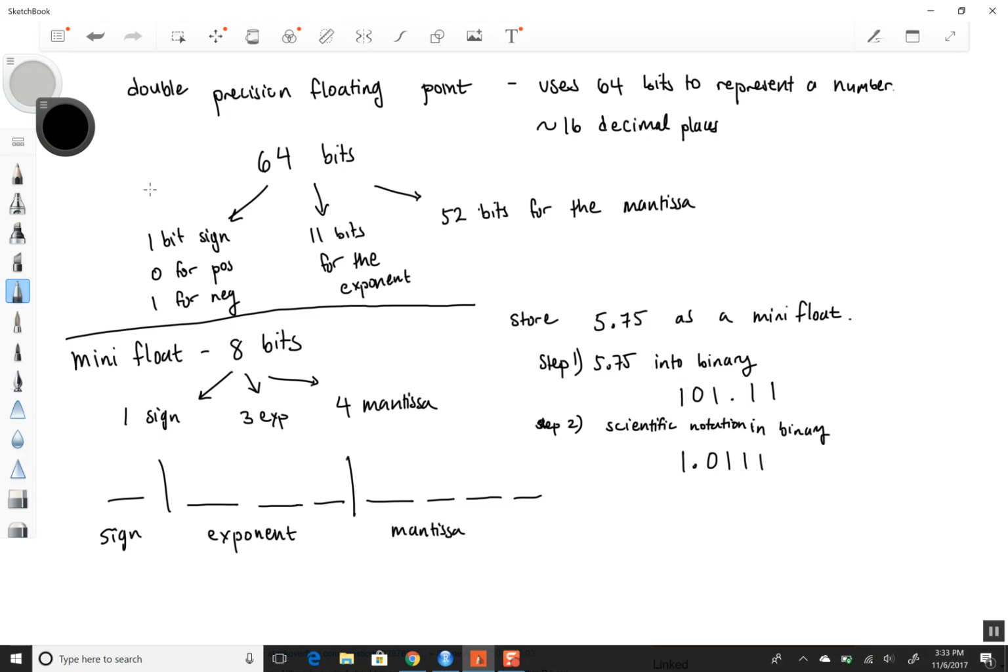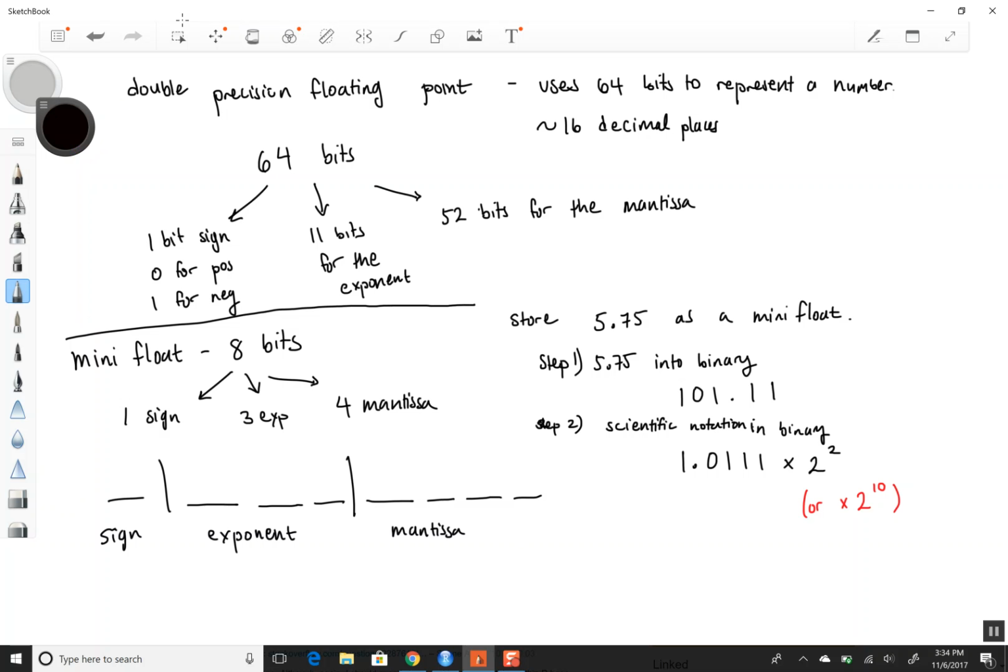So now I have 1.0111, and we would multiply this by what? Because we moved it over 2 spaces, we would have 2 to the 2. Or if we wanted to be pedantic about it, we can say times 2 to the, in binary, 2 to the 10, okay? It's 2 to the 2, but it's a binary 2, right? Okay, so that's what we have here.